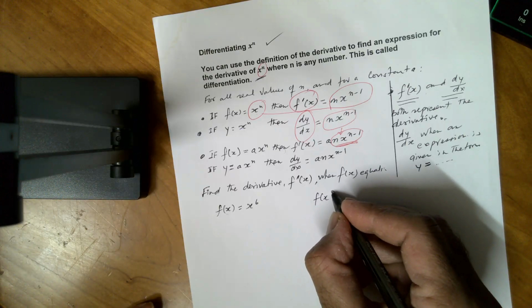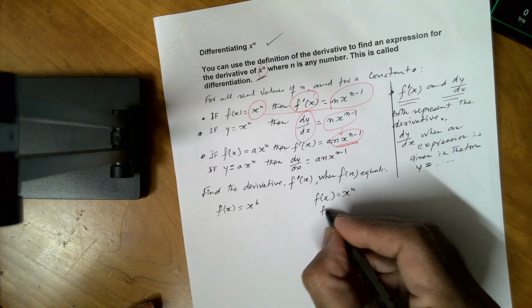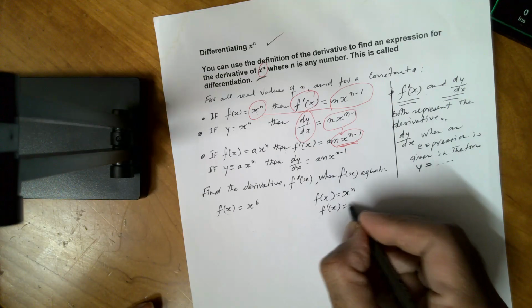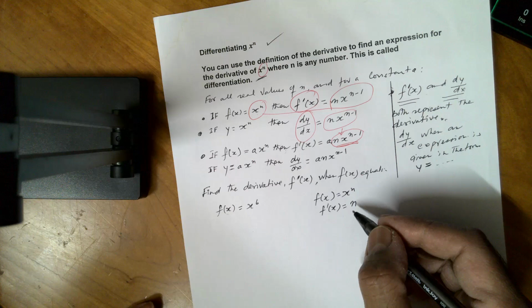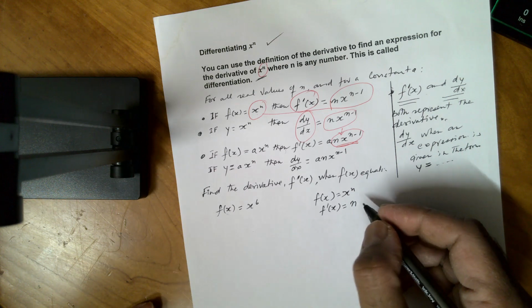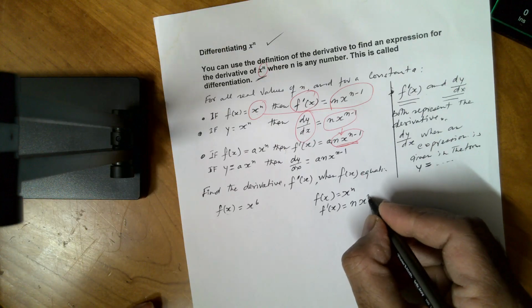So you have f(x) here equal to x to the power n, and what will be the derivative of that? n. Okay, so multiply by the power, then subtract 1 from the power. Just remember that. So you got n x to the power n minus 1.